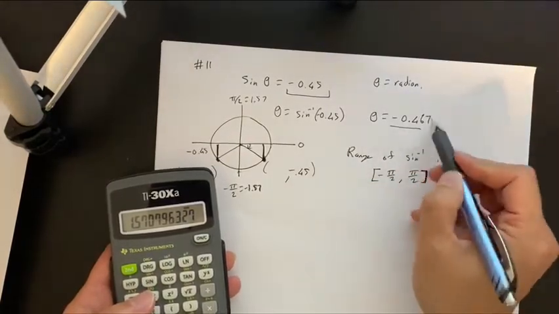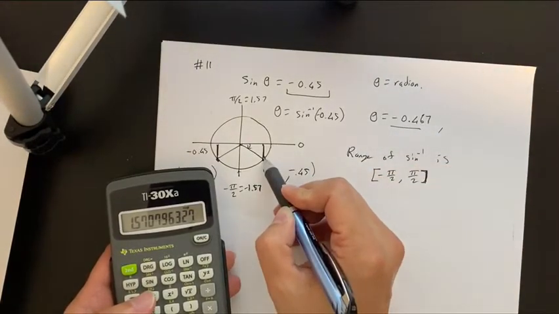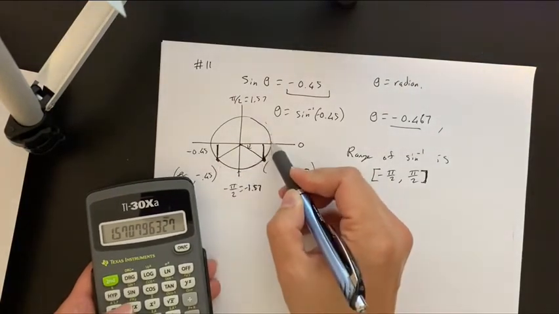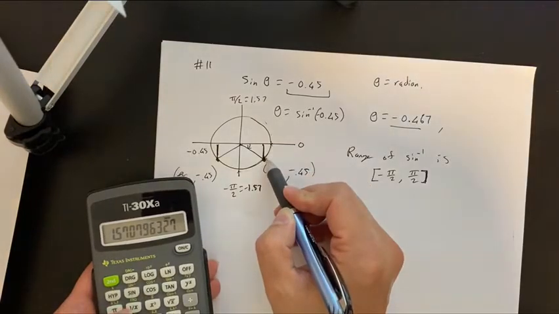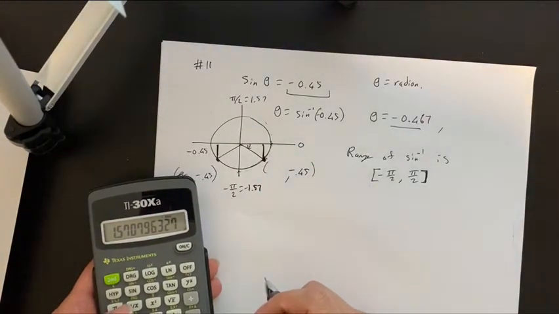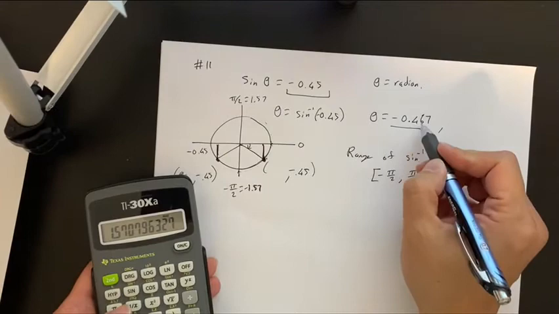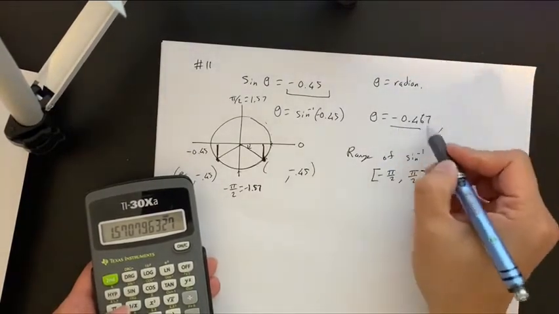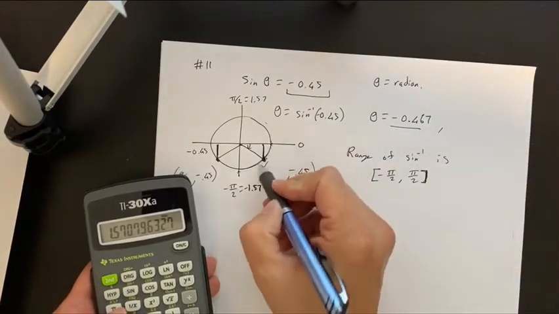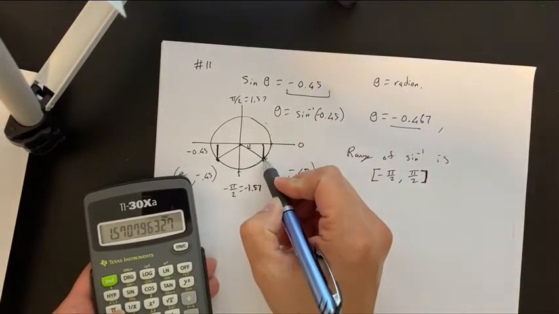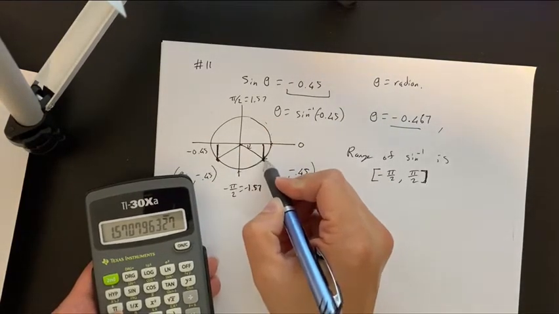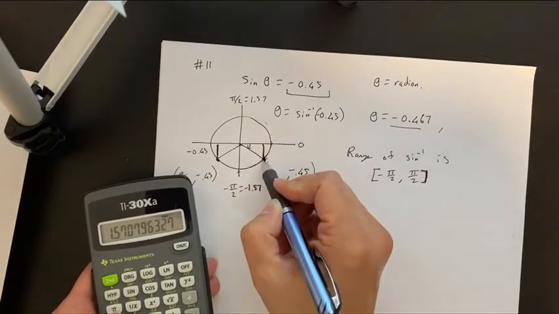Is this the only value that would give me this position? No. I can do a 2 pi and then go back down to negative 0.467. Another way of saying that is I can take this and add or subtract 2 pi and I will get that same position, right? Adding 2 pi just means you go counterclockwise a full circle. Subtracting 2 pi just means you go clockwise a full circle.